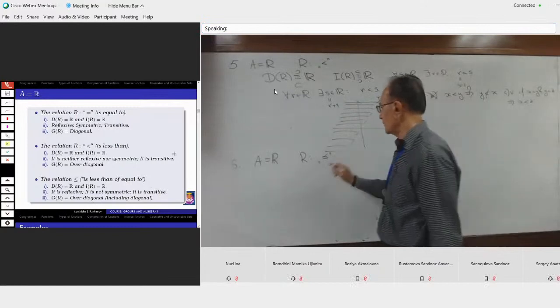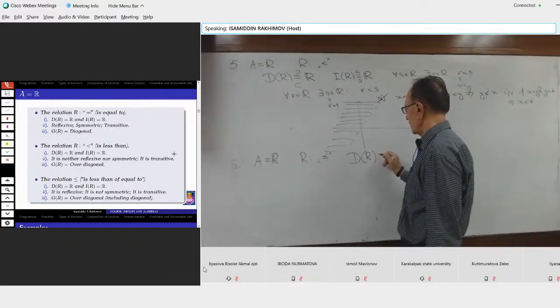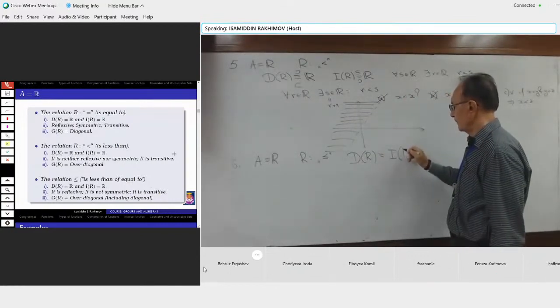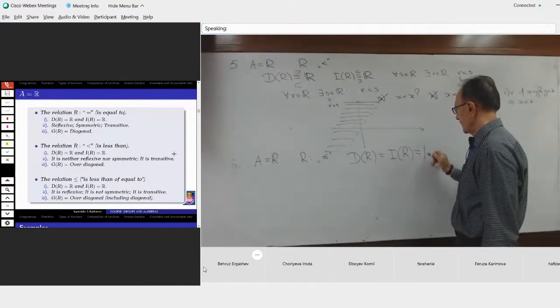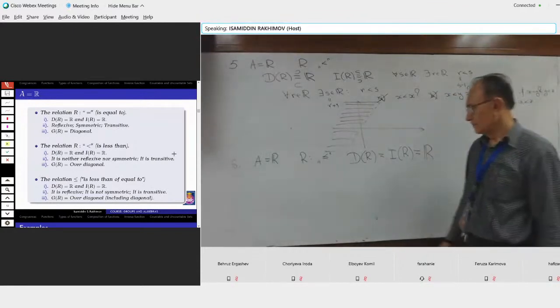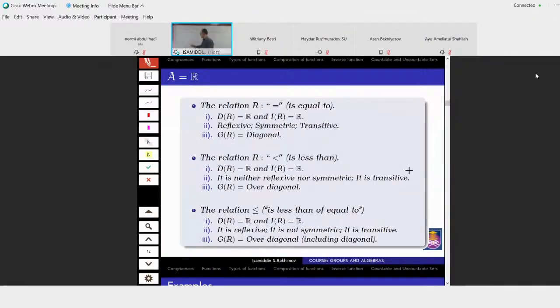Again, you can see the domain is R, and the range is also R. Now the properties.